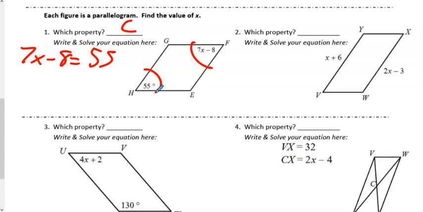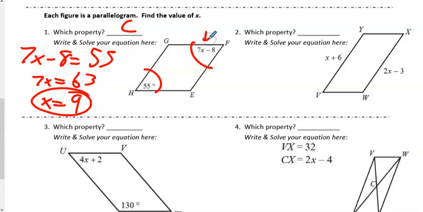Go ahead and put your arc marks on there to remind yourself. First thing we do is add 8 to both sides. 55 plus 8 is 63. To get x by itself, we divide by 7, not by 63. So x is 9. And that's my answer. We want to even check. 9 times 7 is 63, minus 8 is 55. We got it. Bingo.